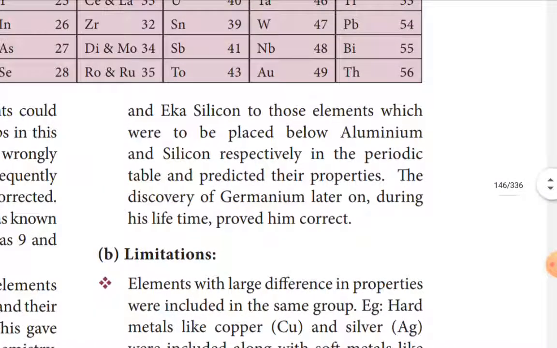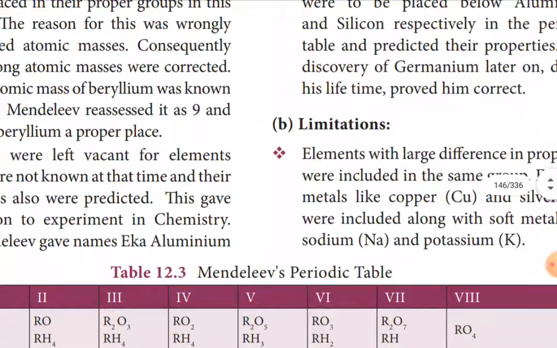After that, germanium was discovered later, during his lifetime, and it proved him correct. When they placed germanium, the place given by Mendeleev was correctly fitted to germanium, and this was one of the important predictions of Mendeleev.